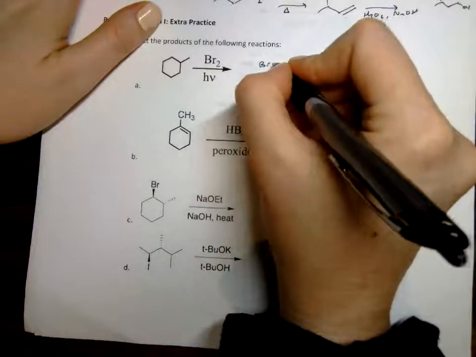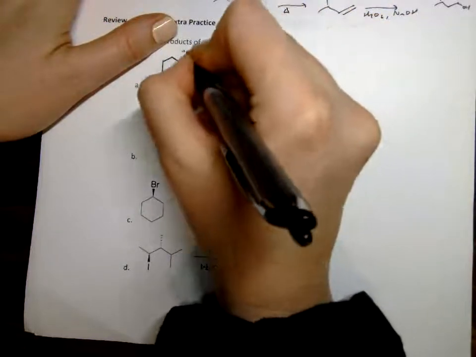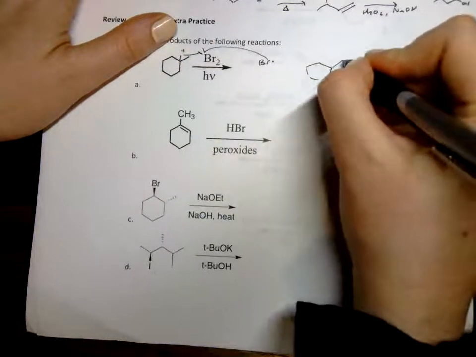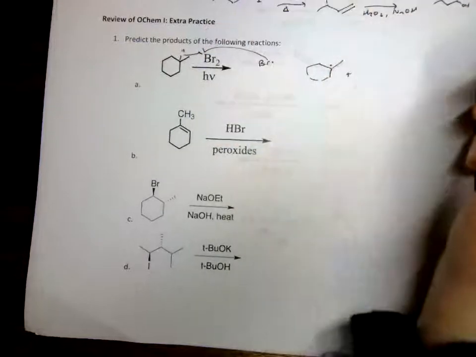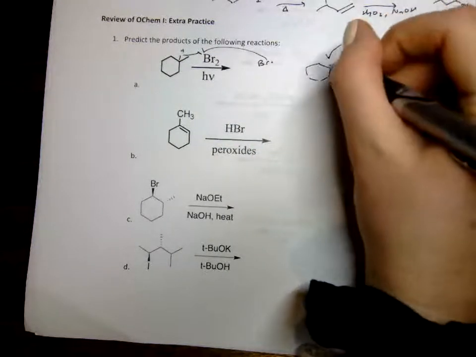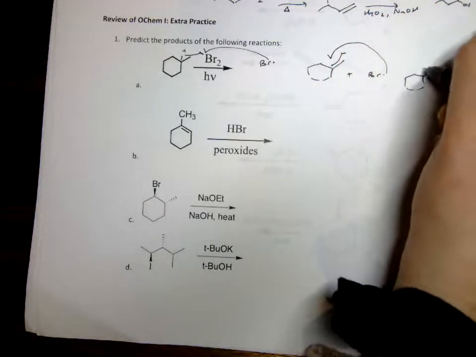So the Br forms a radical. And then it's going to steal a hydrogen to leave behind a radical. But there's still another bromine radical floating around, so then it'll come in and form a bond with the bromine.